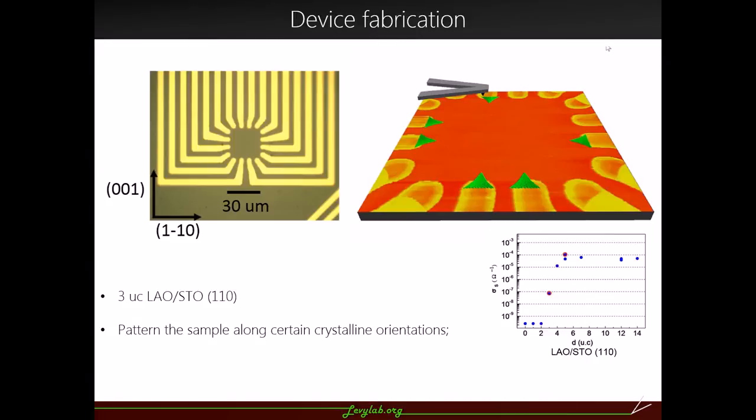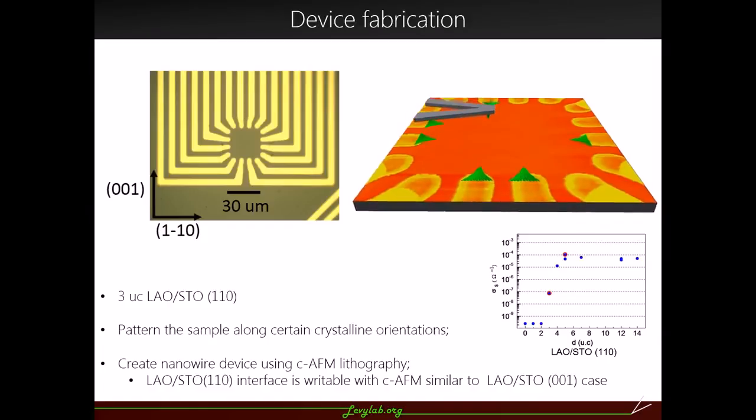So to answer these questions, we use 3-unit cell 110 LaSTO, which is insulating, and we pattern the sample along certain crystal orientations, and then use conductive AFM lithography to create nanowires along the two different crystal orientations.